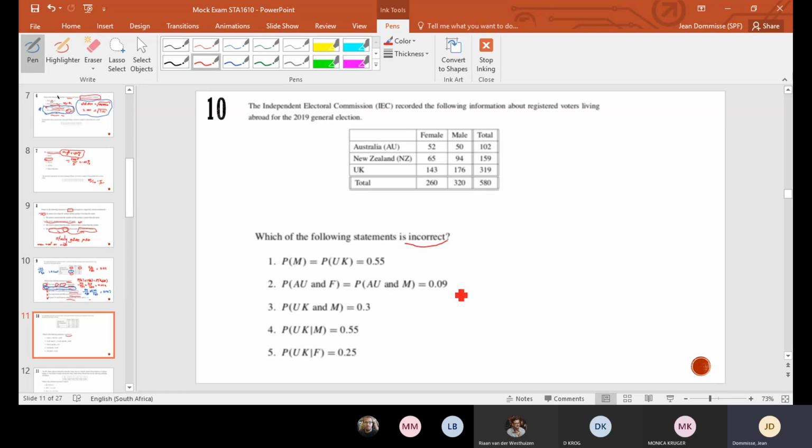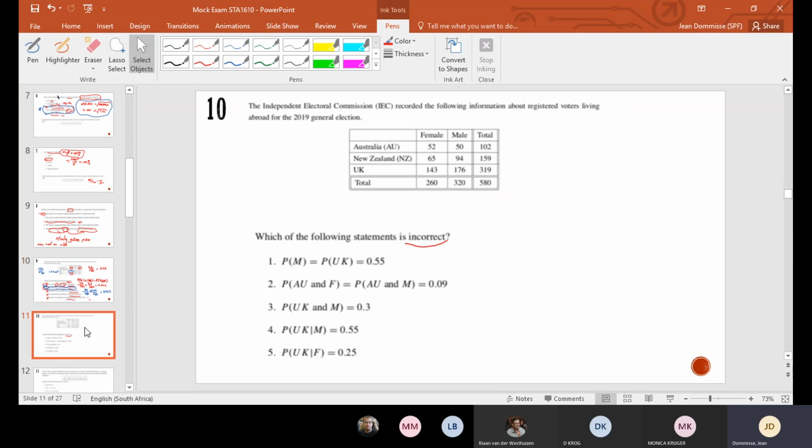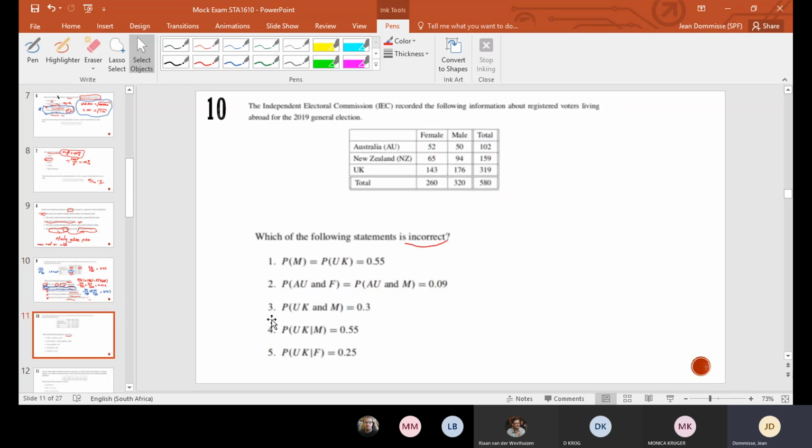It doesn't seem like it. So let's rather just see, did we work out anything here? Here we worked out the probability of AU and female. Okay, so at least AU and female was 0.9, so at least we have that one correct. AU and male.